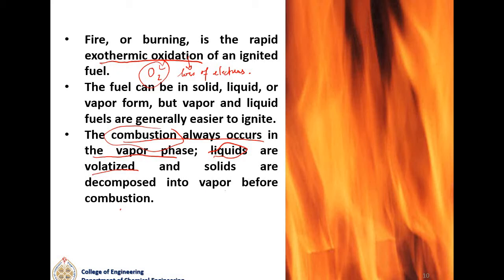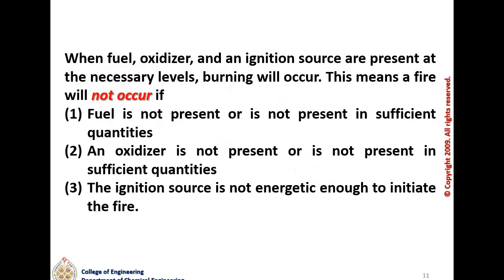Okay, so this is where a combustion really occurs. So what do we have? One fuel, oxidizer, and an ignition source. So if these three elements are present at the necessary levels, burning will occur. Why did we say at necessary levels?